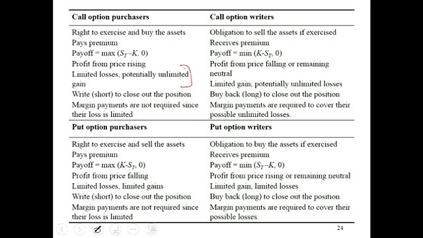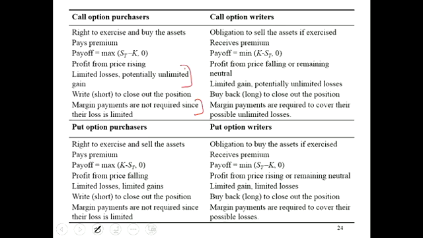Another key thing is that if you buy the call option, there are no margin requirements. That's simply because if you want to exercise your option, you have to put your money up. And it doesn't matter to the exchange if you would like to exercise your option and you can't. So there's no margin requirement there.